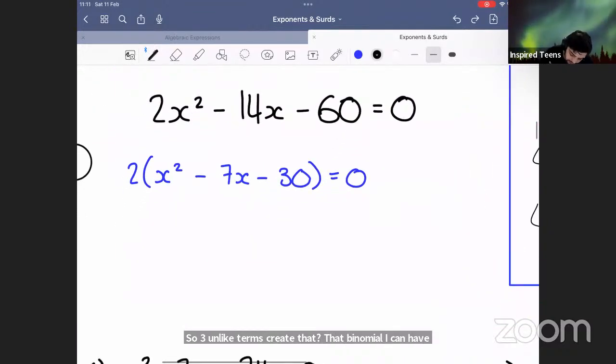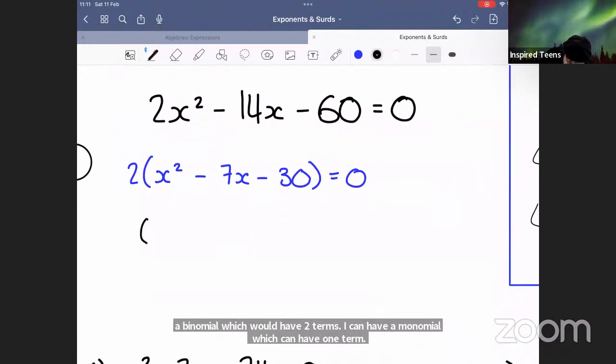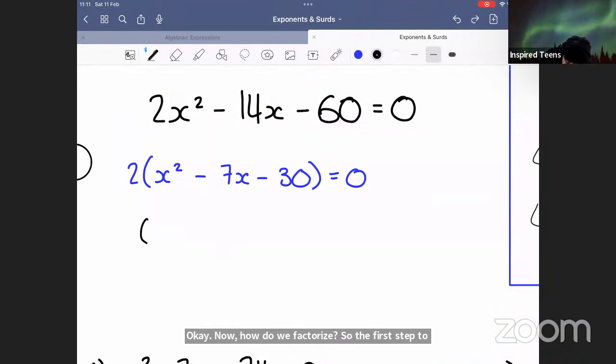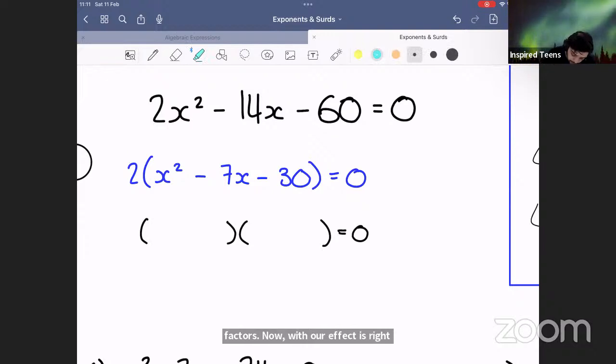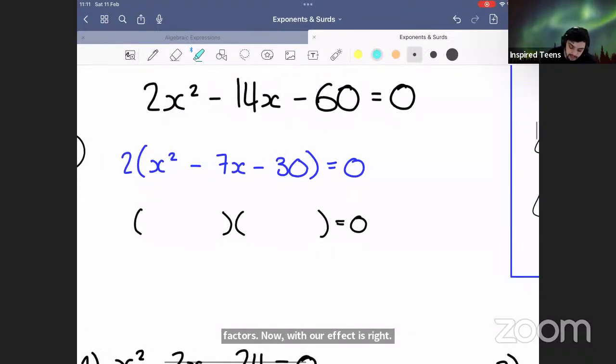Now, how do we factorize? The first step to factorizing is you're going to open up your brackets. These are known as your factors. The steps are as follows.